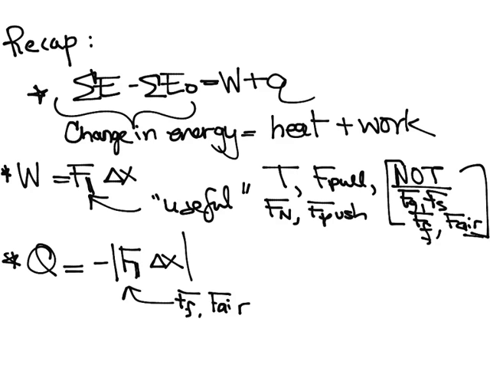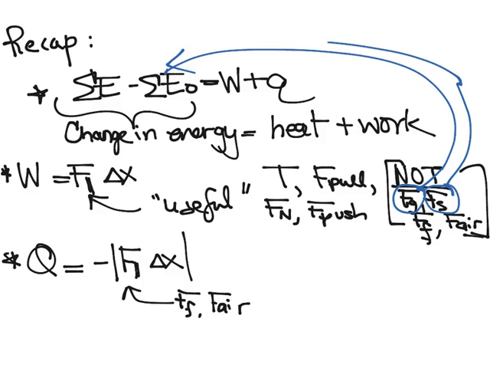And the reason we don't count Fg or Fs is that they are already represented in our conservation of energy, or in the change of energy, as Ug, the gravitational potential energy, and Us, the spring potential energy. And so to keep track of those, we would be double counting them.